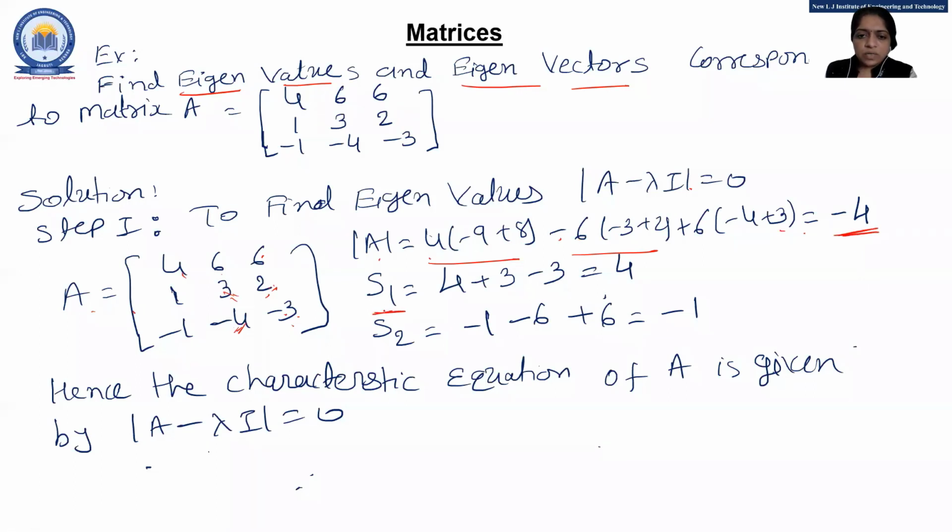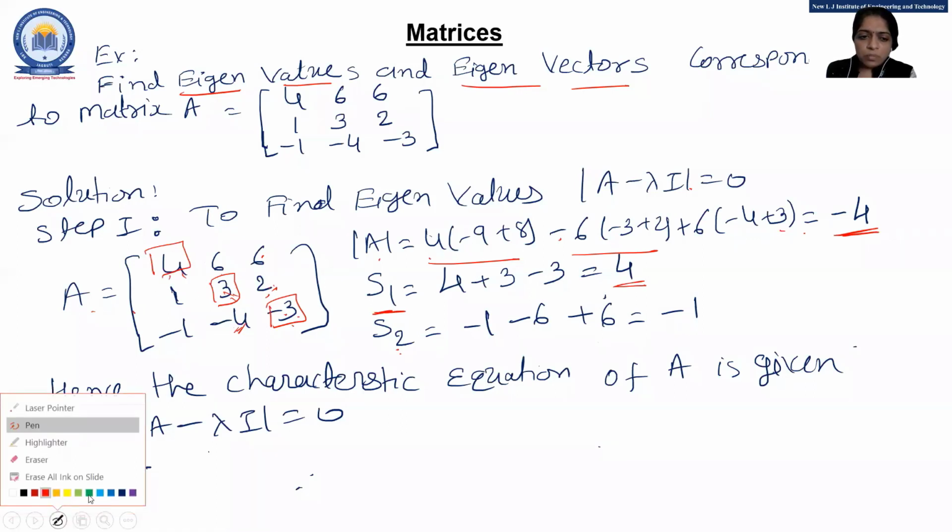Now what is S1? S1 is the sum of the diagonal elements, 4, 3 and minus 3, that is 4. And S2 is the sum of the minors of the diagonal elements.